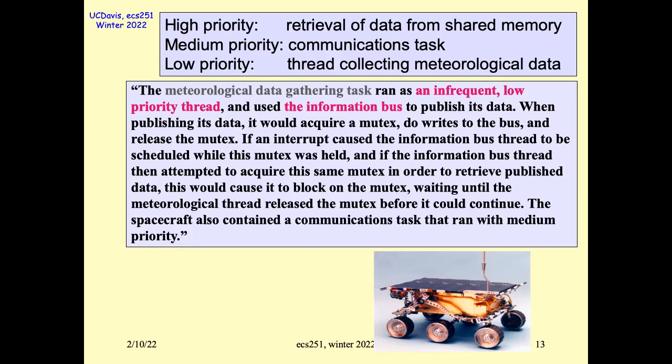So to make a long story short, the operating system, I think it's VxWorks, had already implemented a solution I'm going to talk about called priority inheritance, but it was never turned on. It's a mechanism already implemented in the Pathfinder, but the feature was never turned on.